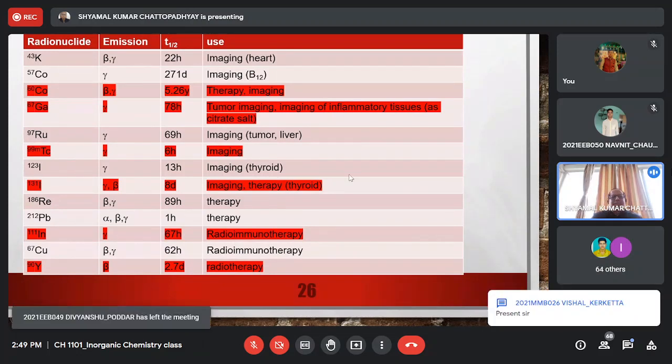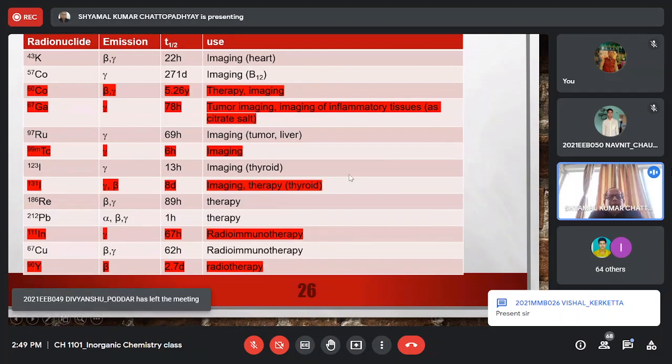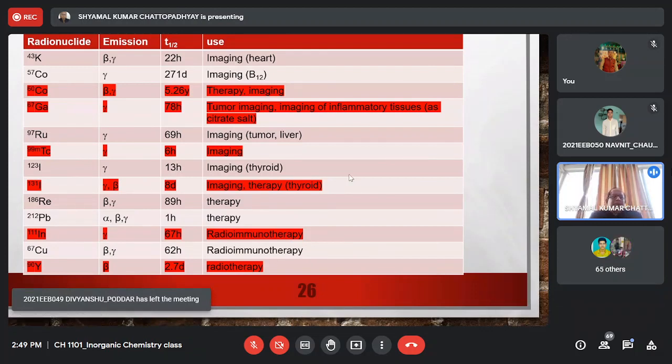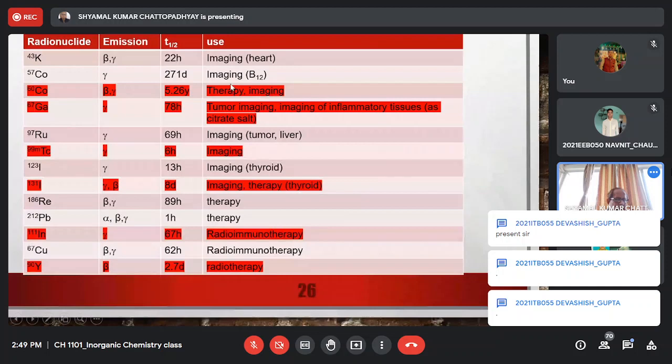Now, very often you are asked a question like this: name two radioisotopes which can be used for imaging and two radioisotopes which can be used for therapeutic purposes. Very often I find that students, because of their confidence, obviously, mention cobalt 60 under both therapy and imaging.